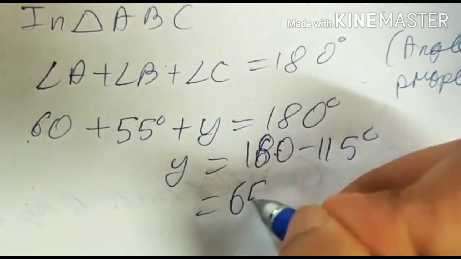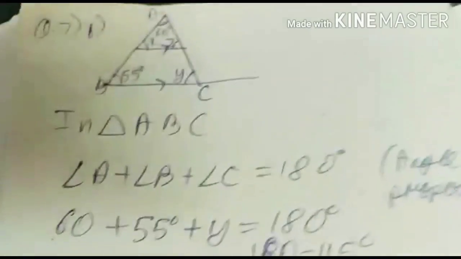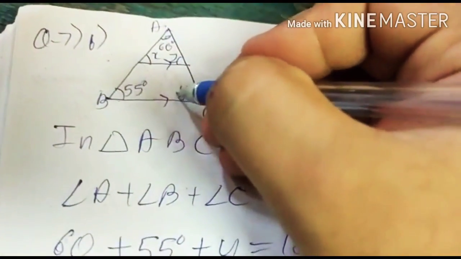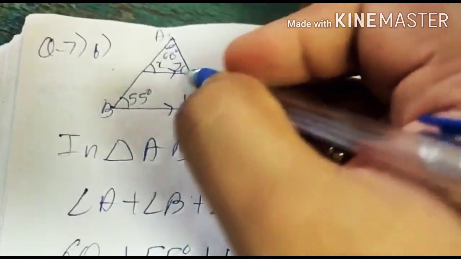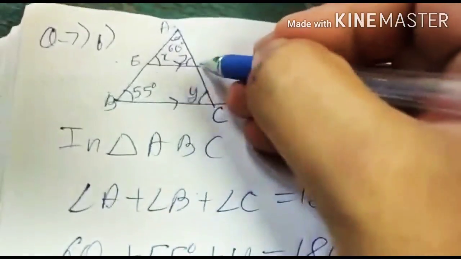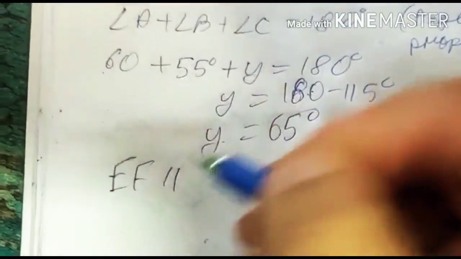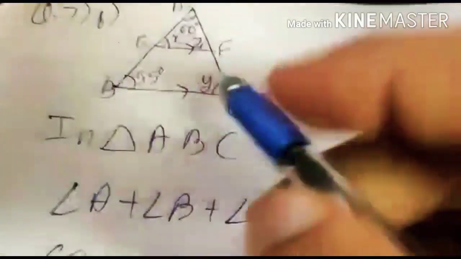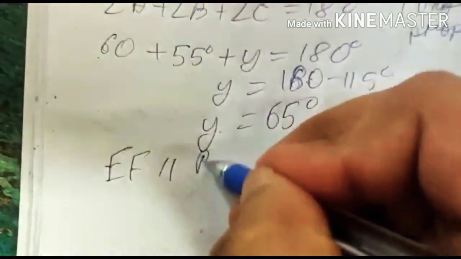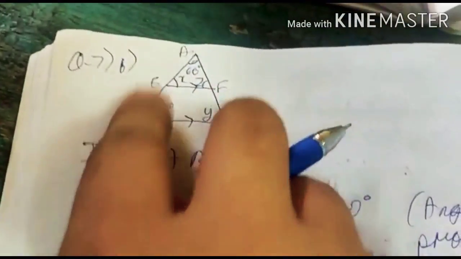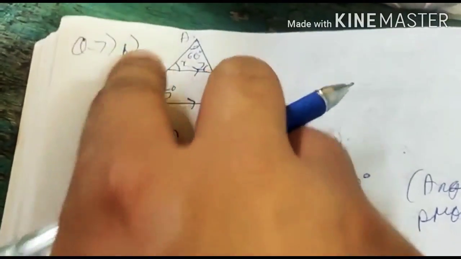So y comes out to be 65 degree. If we mark this line as EF, the question says that EF is parallel to the base line BC. These two are parallel lines.